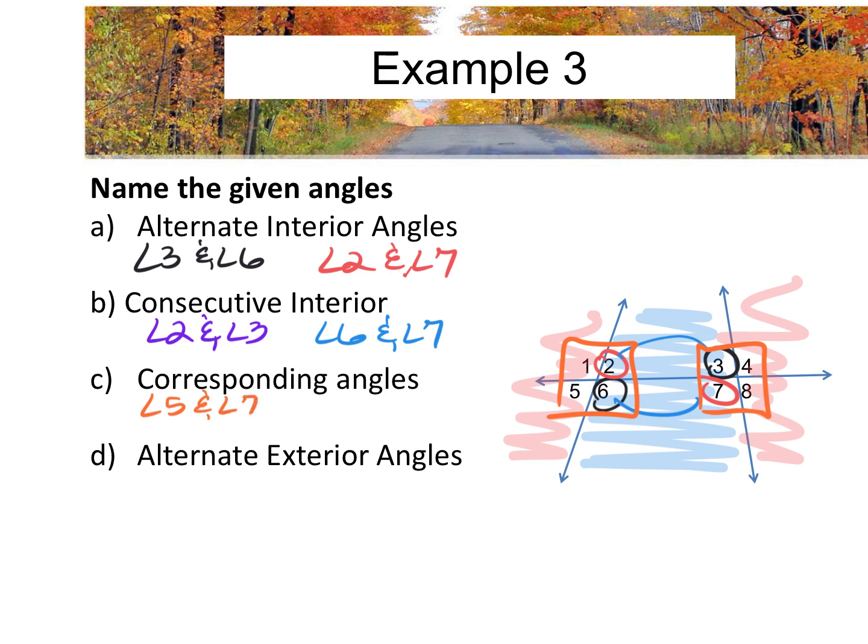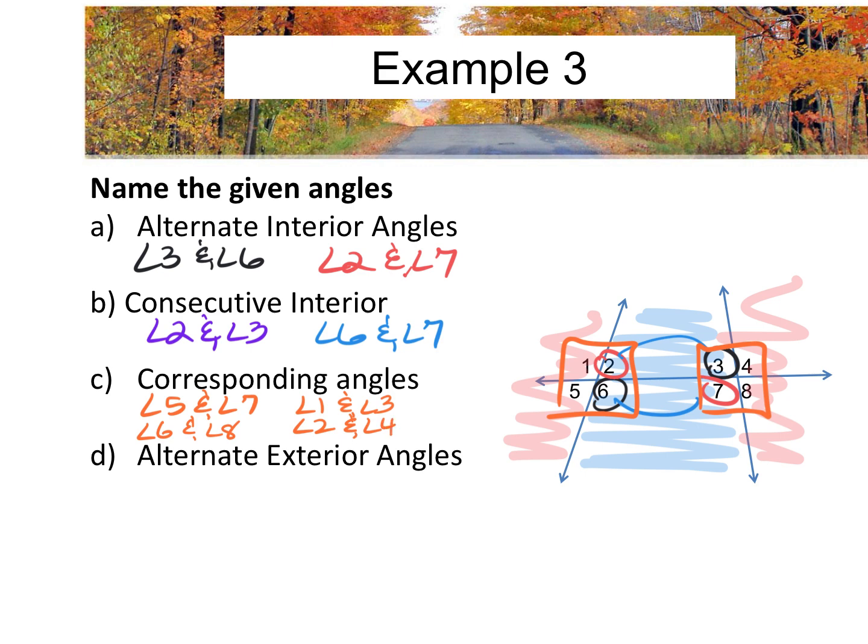Anybody find another pair? Angle 1 and 3 is another pair. 2 more. 6 and 8 is another pair. 1 more. Esteban again. Angle 2 and 4.